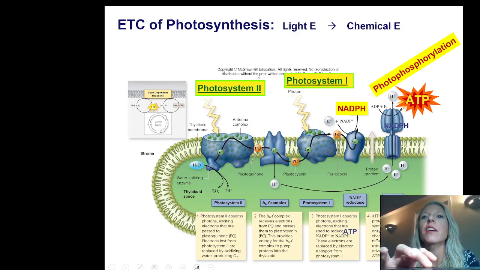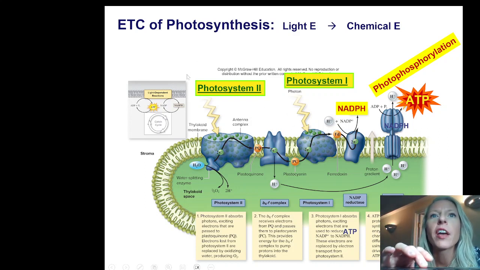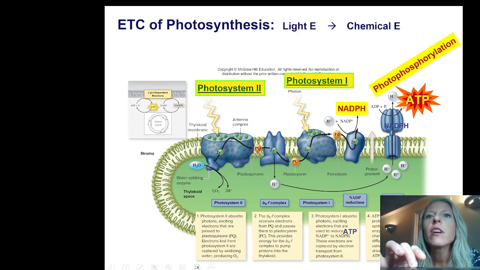So let's look at this whole thing. In photosystem 1, we have photons hitting the chlorophyll molecules and exciting the reaction center, and we start our electron transport chain.